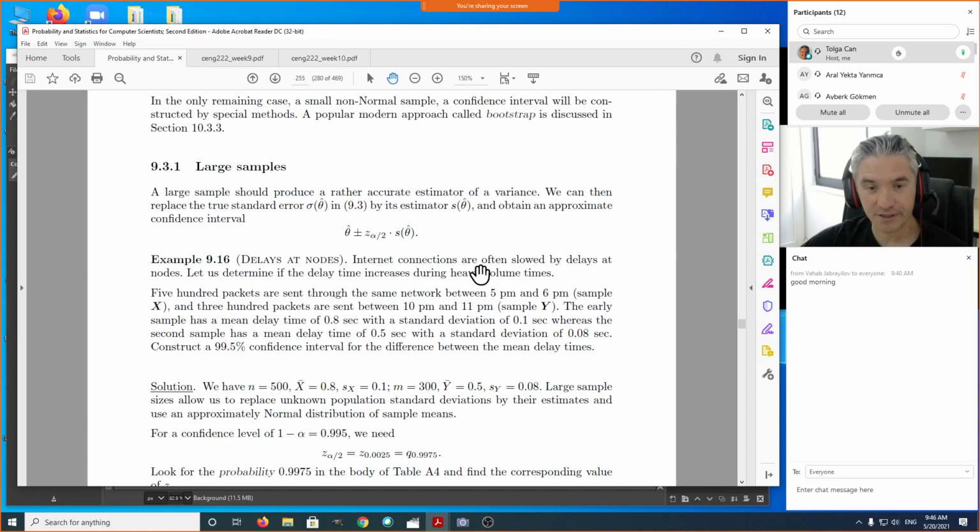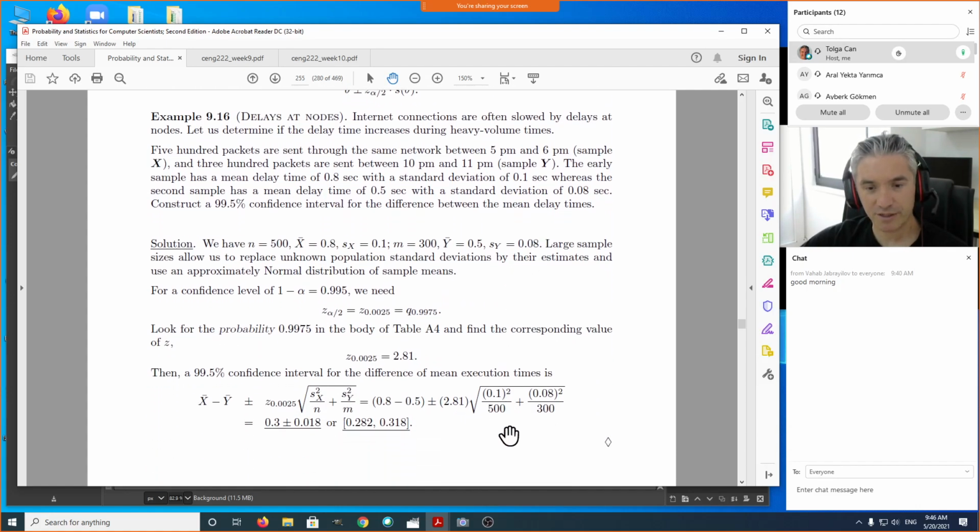Okay, this is really critical. It may be misleading as you read this section, but the standard error is not the same as the sample standard deviation. As you can see, we did not directly use 0.1 here as the standard error for x bar.